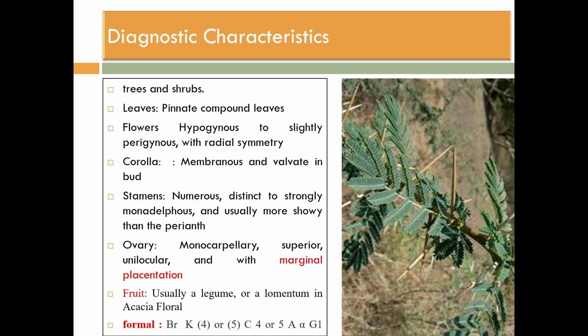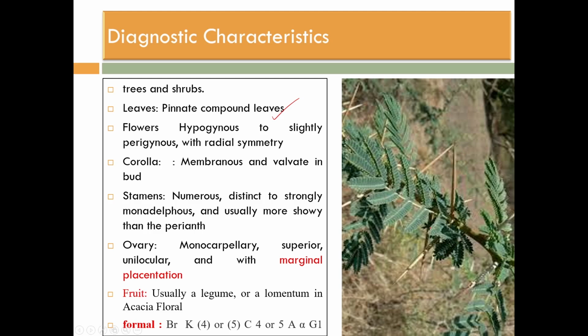And if you see the diagnostic features of this particular family, Mimosaceae, generally they are trees or shrubs and the leaves are pinnately compound, as you can see, one of the characteristics of the family. And they also have stipules that are converted into thorn-like structures. So one of the characteristics of this particular plant is the presence of these thorns.